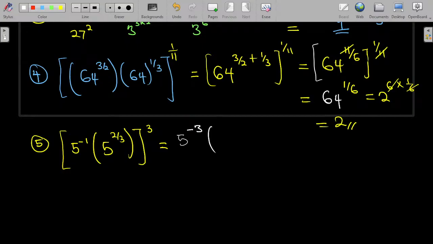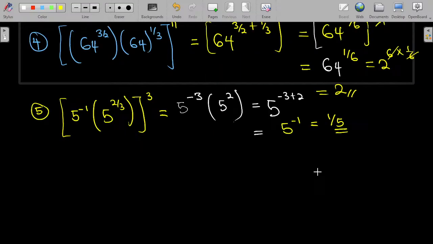Then it will also multiply this power to give us 5 raised to the power of 2, because it will cancel out this 3 here. So you are going to have 5 to the power of minus 3 plus 2, because they are the same bases and they are multiplying. That's going to give us 5 raised to the power of minus 1, which is the same thing as 1 over 5.